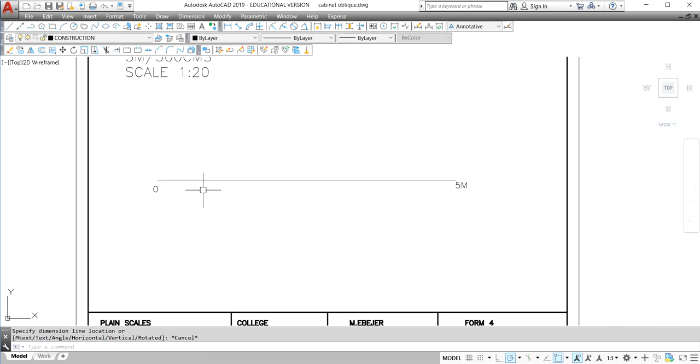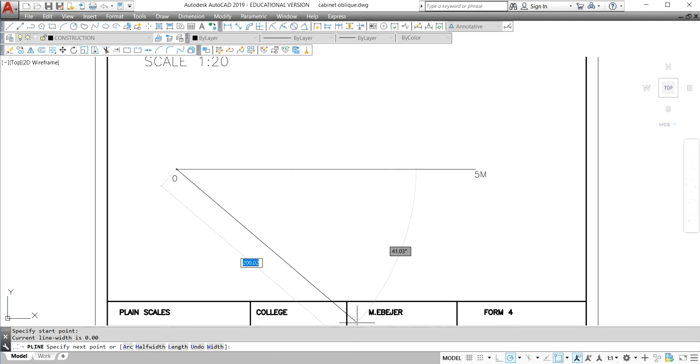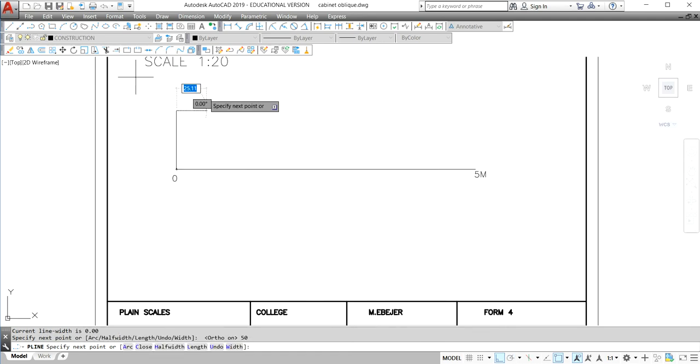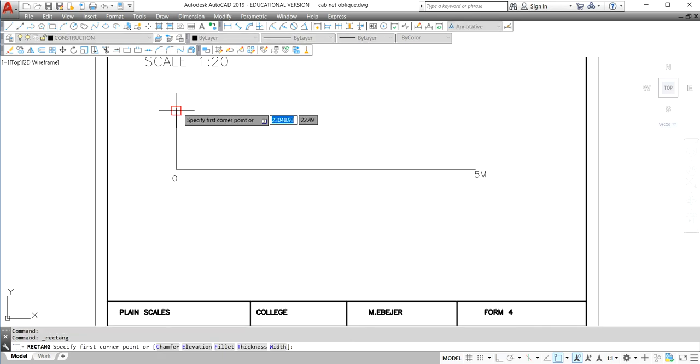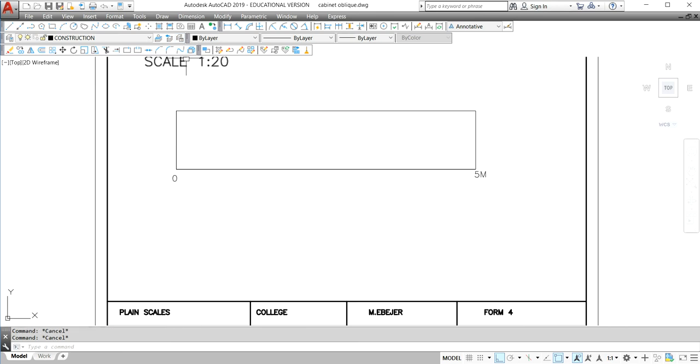Now, as a standard, all plane scale rulers have a height of 5 centimeters, 50 millimeters. So when designing the ruler, make sure that the height is 5 centimeters.